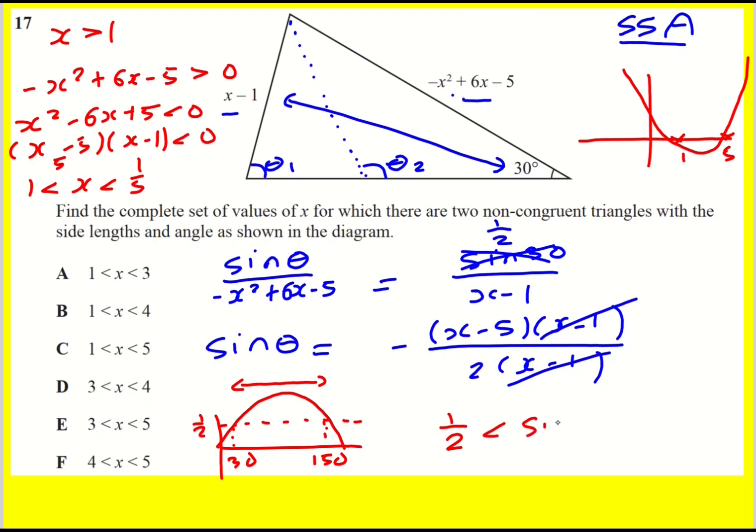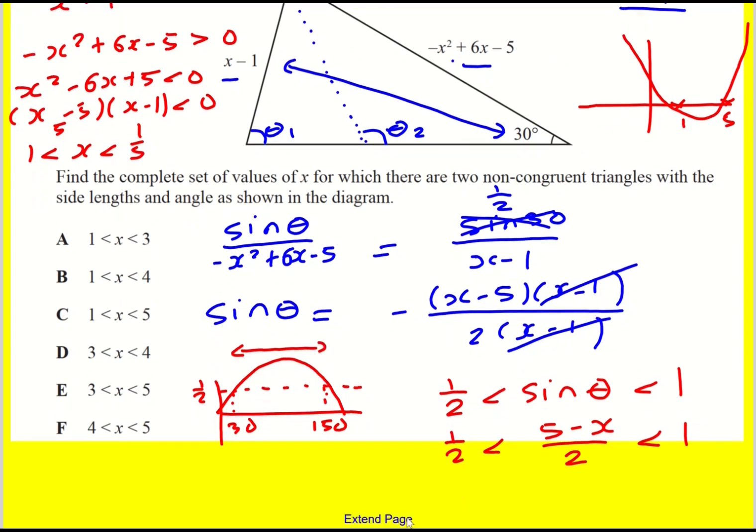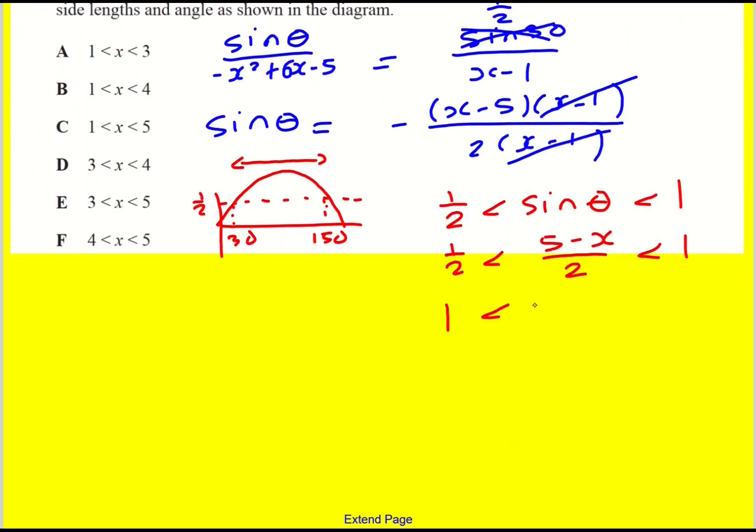So sine theta is going to be bigger than a half, but of course it's also going to be less than 1. And now I can therefore sub in. So let's make it 5 minus x over 2, because I just basically put the minus in. I'm going to times through by 2.